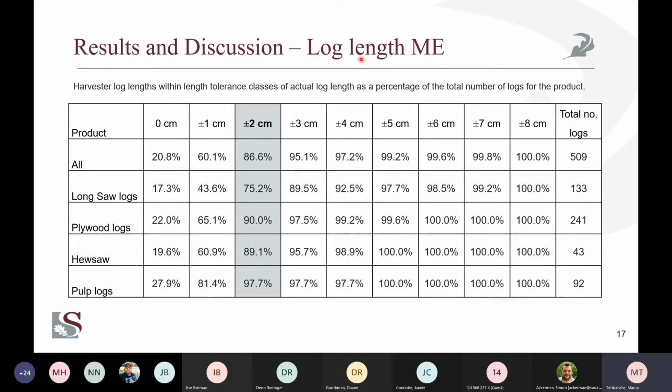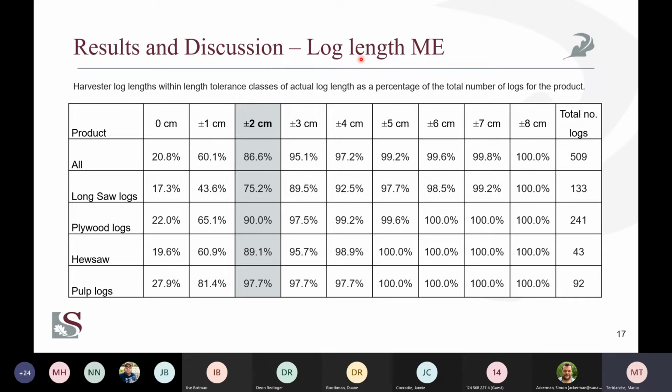So the guys talk about the Swedish Best 5. The folks in Scandinavia use this measurement to measure how accurate harvester log length measurements are. So they use this plus minus 2 centimeters of what the product needs to be.